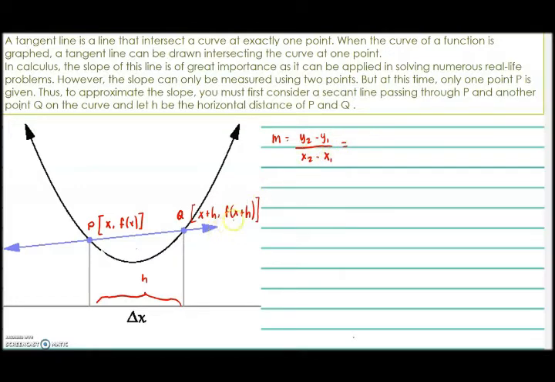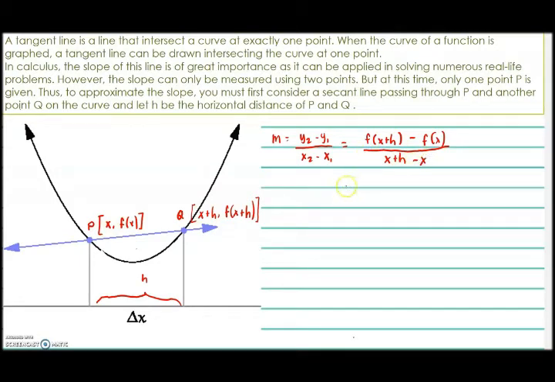Now, our y sub 2 here is f of x plus h, so you have f of x plus h minus y sub 1, which is f of x, all over x sub 2 is x plus h, and your x sub 1 is x, so minus x.